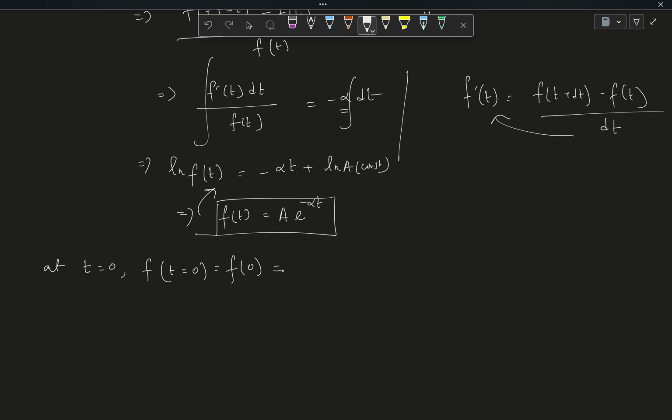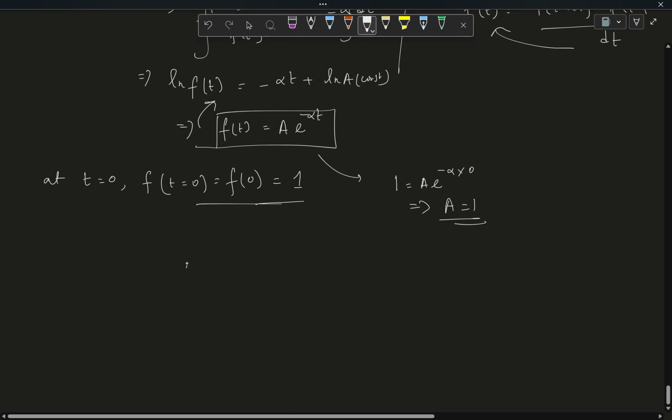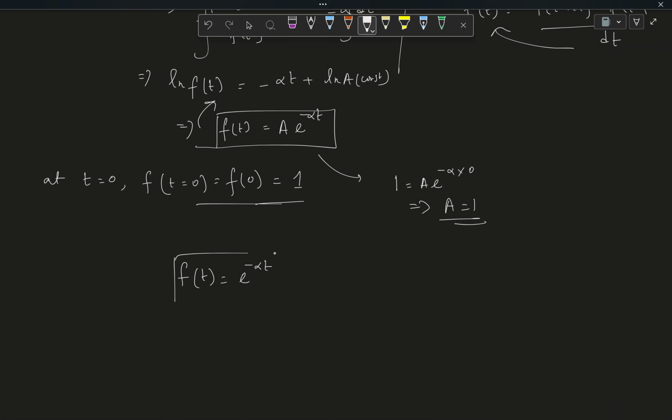So the total probability of no collision at t equal to 0 will be just 1, because it's the total probability. So if you put this value in this equation, 1 equals a e to the power of minus alpha times 0. This e to the power 0 is 1, that means a equal to 1 here. So you can see that f of t is equal to 1, means a is 1, e to the power of minus alpha t, right?